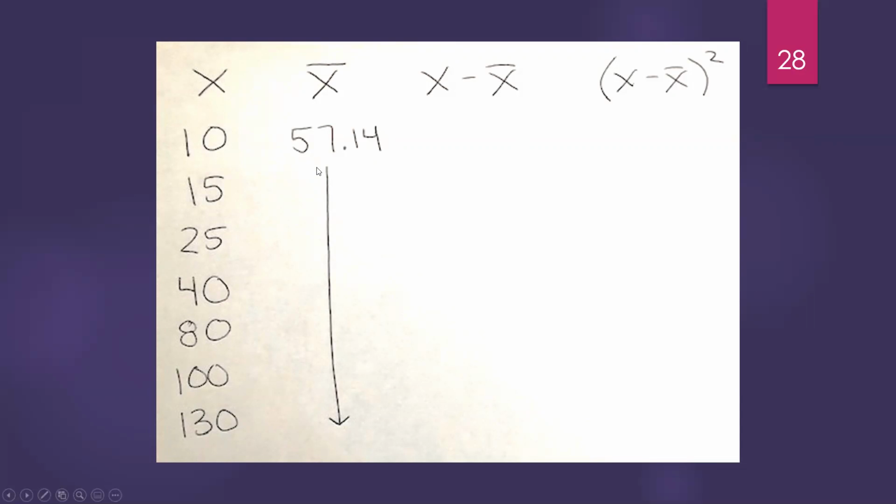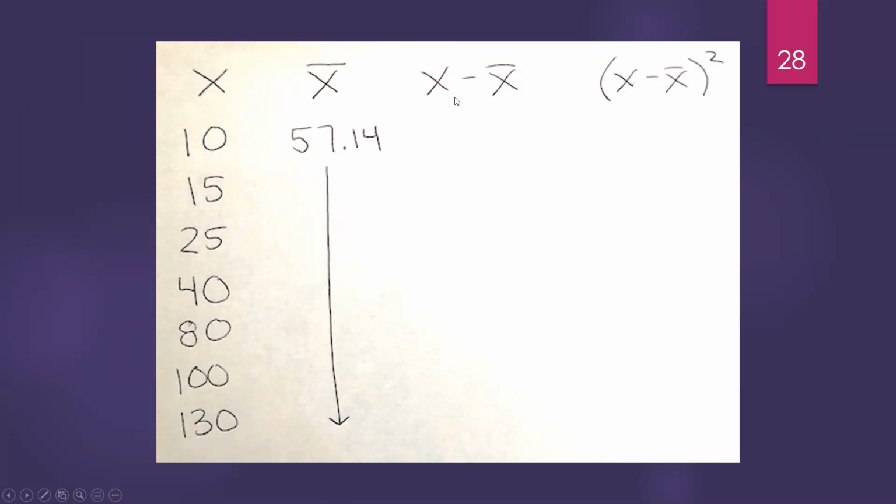So here, if we round to 2 decimal places, the mean is 57.14. If it's helpful for you, write 57.14 down in each of these spots. Otherwise, you can just draw an arrow, telling yourself that this is 57.14 all the way down in column 2. All right, so column 1 is all of the values given to you. Column 2 is the mean.